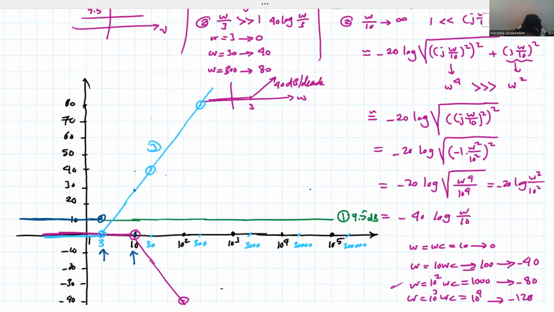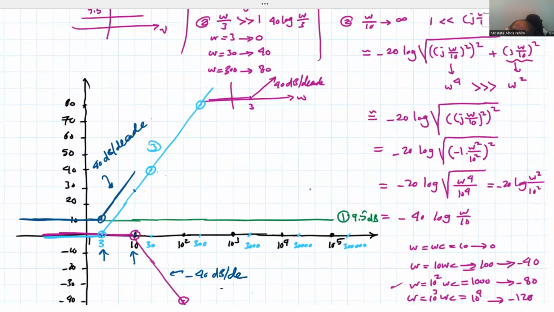Basically, this line will be shifted up like that, parallel, like that. That's still 40 decibels per decade. Now, at the 10 and after, we have a line going up with 40 decibels per decade, and another line started from 0 with minus 40 decibels per decade.